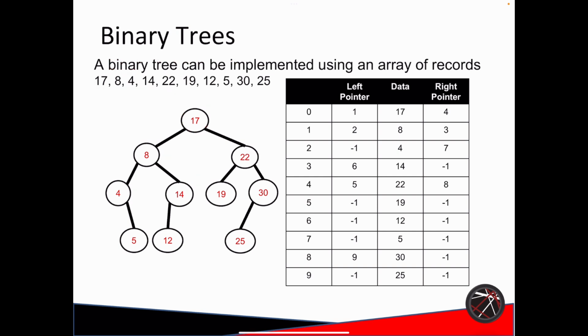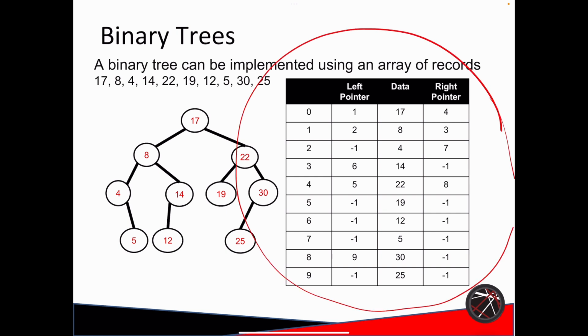Our second way of storing data in memory is to use the table on the right-hand side here. This is actually a linked list, or it's very, very similar to a linked list. So what's happening here is that you can see that on line 0 within our list, we have the data of 17. That data is the root node because it's on line 0.